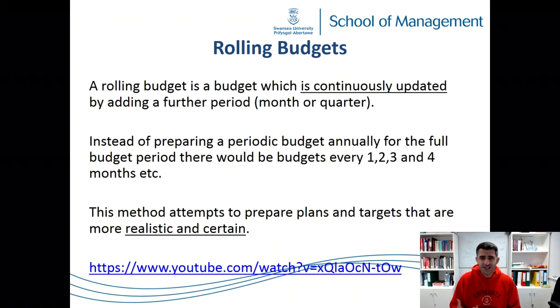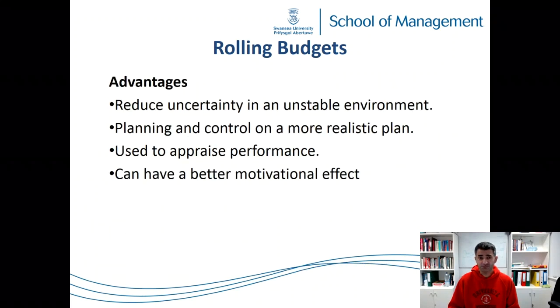It's important for this rolling budget because we try to prepare plans and targets that are more realistic and certain, isn't it? Because you can expect in the next 3 months what's going to happen, but it might be difficult to expect for the next year. So in terms of uncertainty in an unstable environment, this is the right budget.